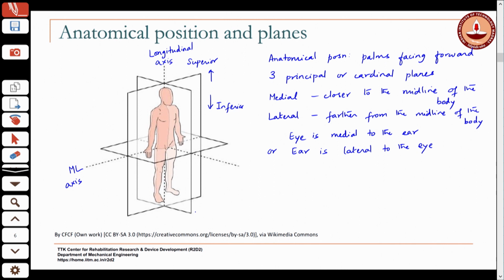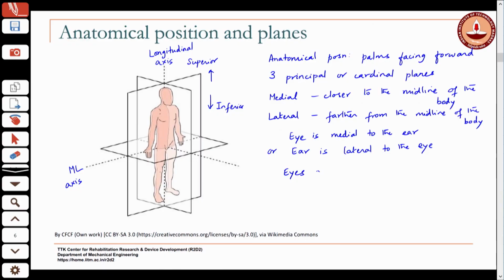So, by the same token, the eyes are superior to the nose, or I could say the nose is inferior to the eyes.